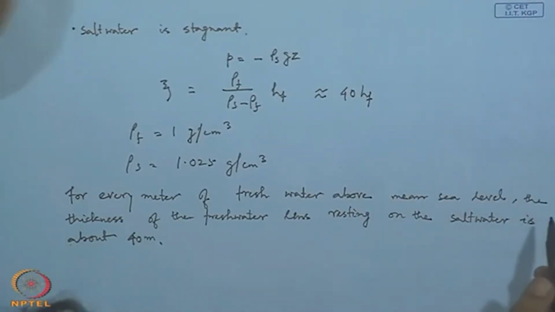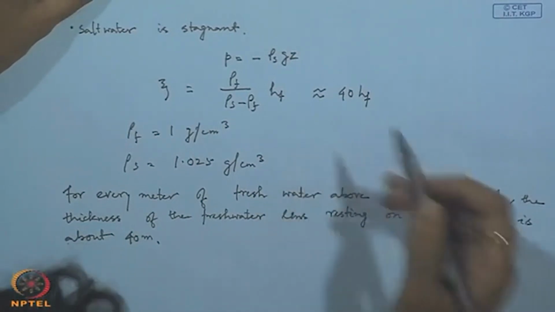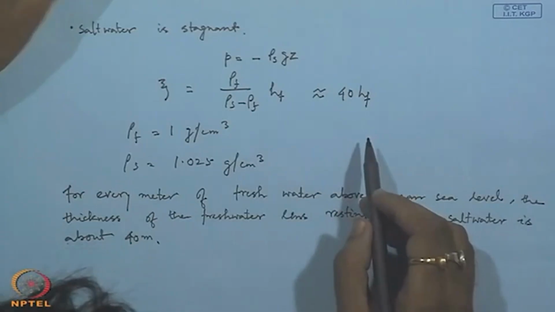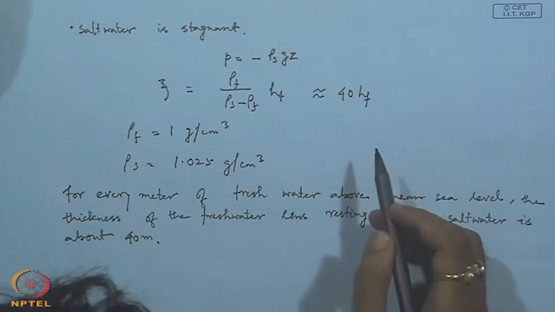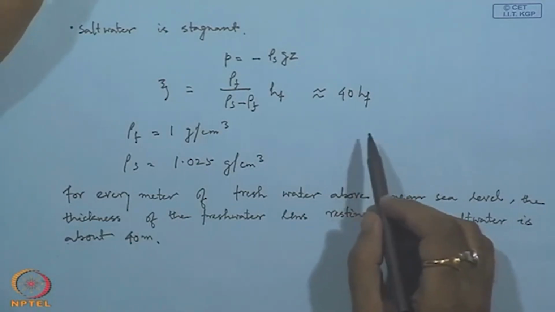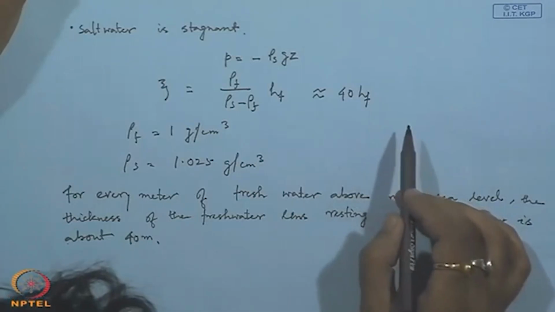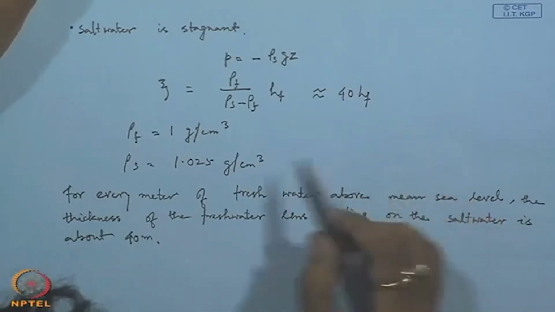So, we can say that this is one important historical development for saline water intrusion measurement, and it depends on sharp interface principle.